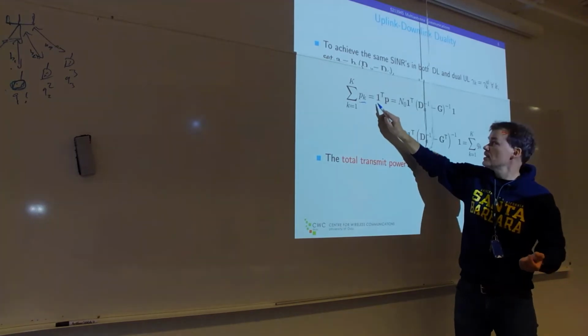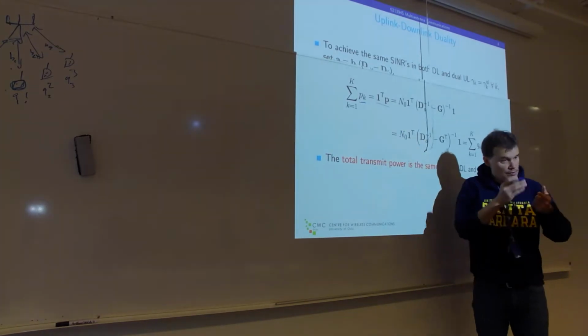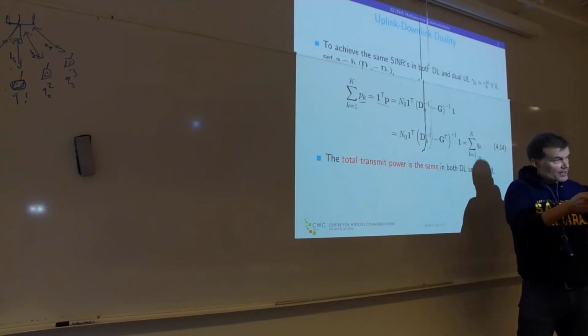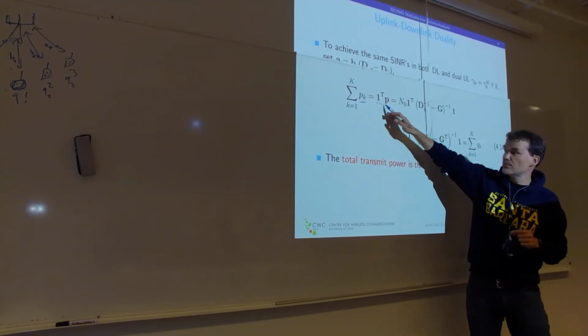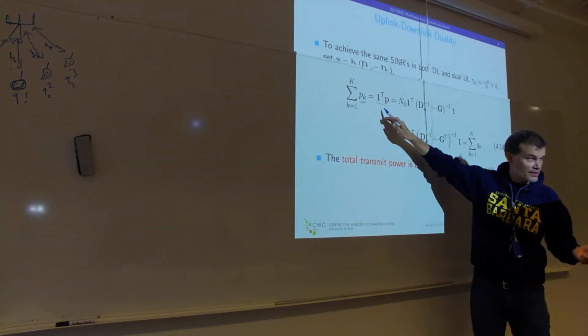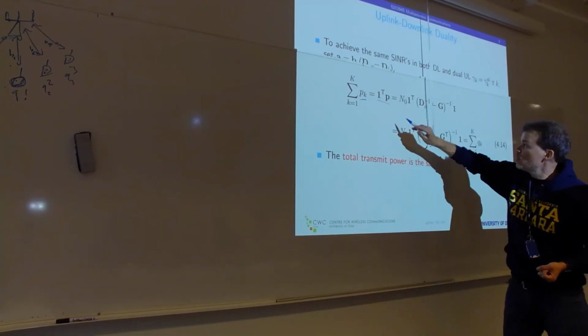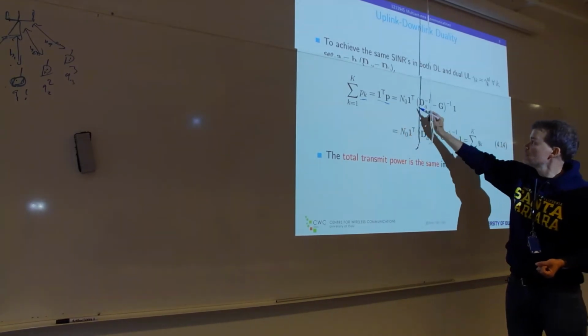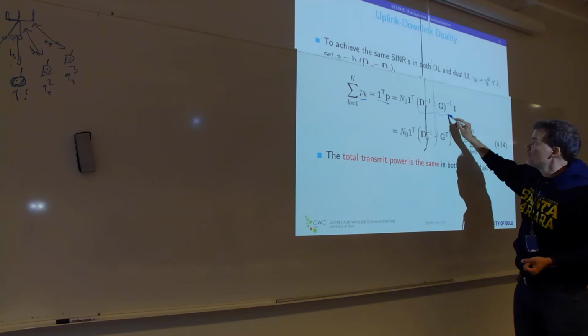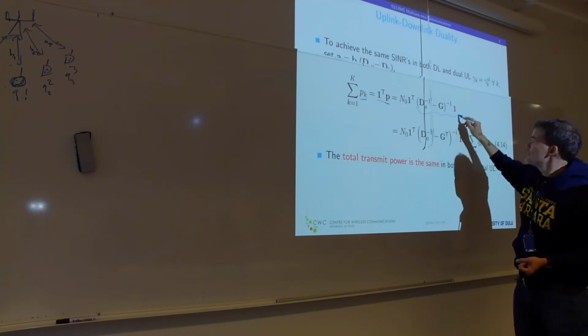Equivalent to multiplying the power vector by one vector, right? This is equivalent to P1 plus P2 plus P3, right? And now we just plug in the P expression here.